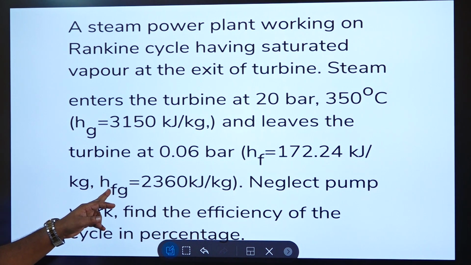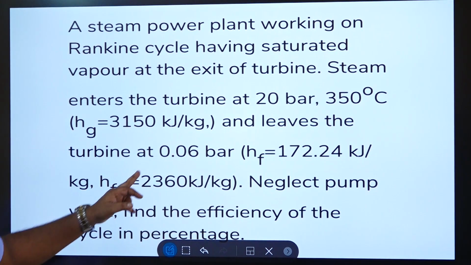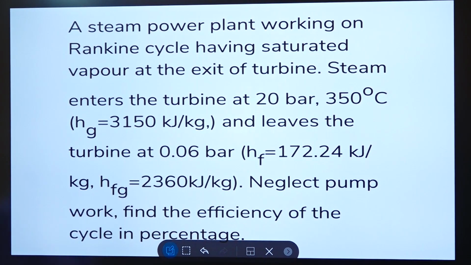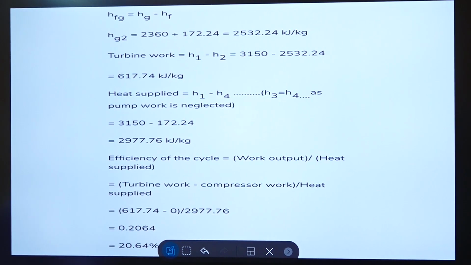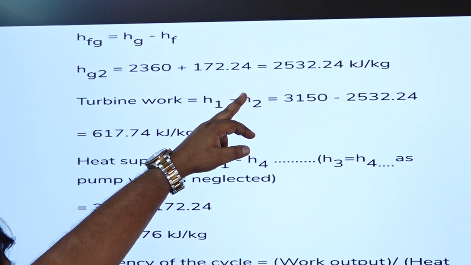So you have to find the value of Hg at this exit, that is Hg2. Am I right? Hfg is equal to Hg minus Hf, so if you add these two, you will get the value of Hg2.